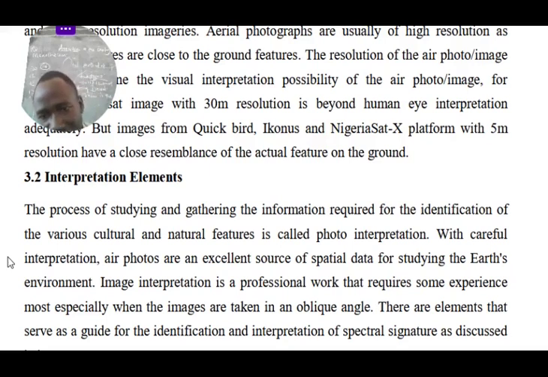But they are saying that with careful interpretation, air photos are an excellent source of spatial data for studying the Earth's environment, or what we can call image interpretation. That is what we call the interpretation elements.